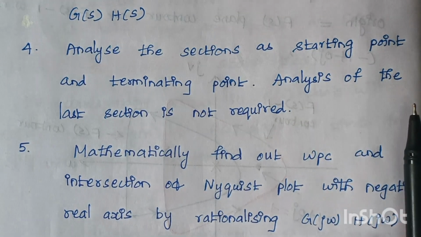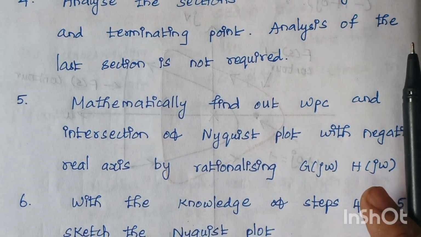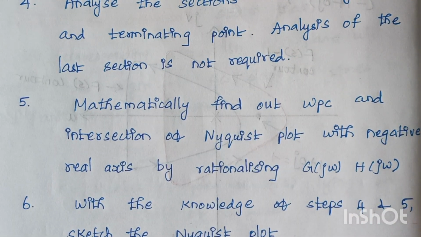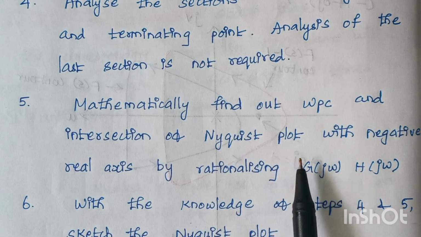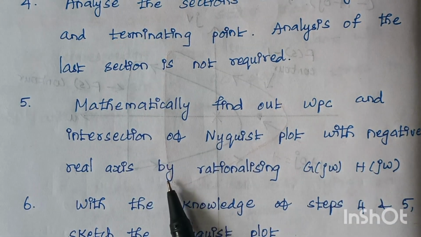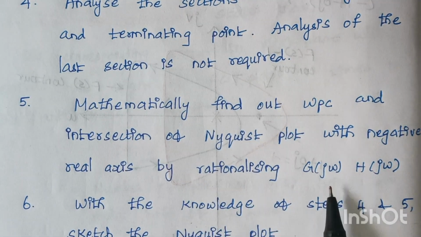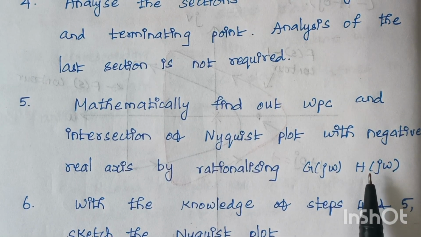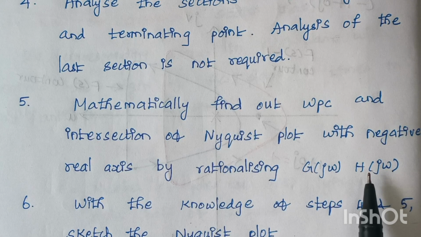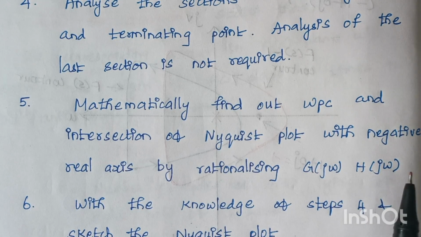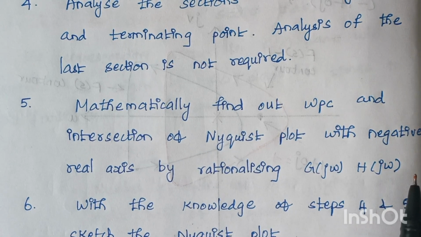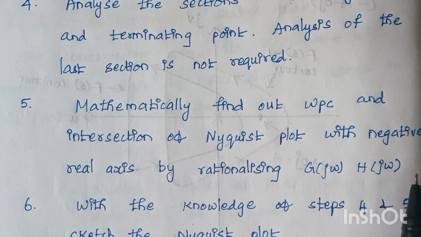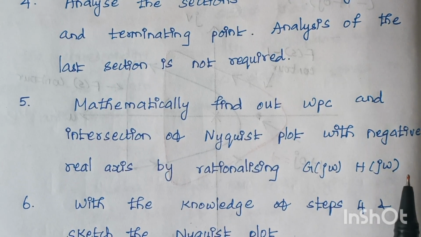Then the fifth step is to mathematically find out omega PC and the intersection of the Nyquist plot with the negative real axis by rationalizing G of j omega H of j omega. So here what we are going to do is, we are given a problem, right? For that problem we have to find the expressions of magnitude and phase angle.